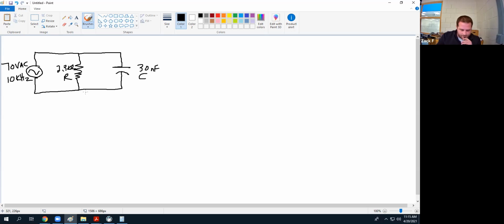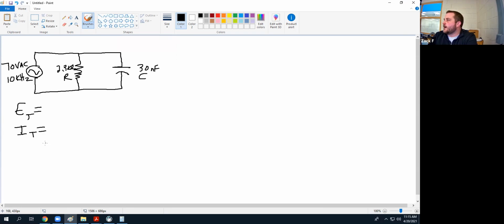2.3 K ohms. Thirty nanofarads. Step one, write everything down. Total voltage, total current. What is total resistance in this circuit called?